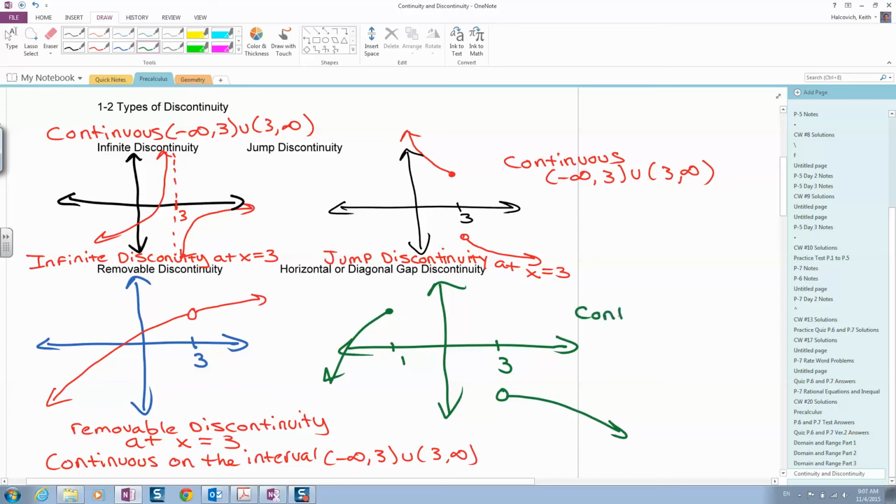And here, the continuity goes from -infinity to -1, and from 3 to infinity. Sorry, when you are talking about continuity, you don't need to worry about parentheses or brackets. So those are the intervals that it's continuous on.